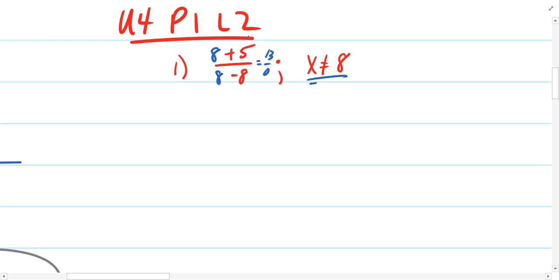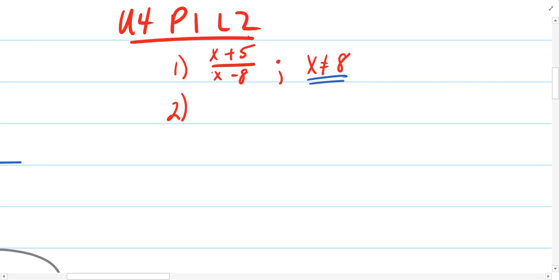So we would say that 8 is an exclusion for the domain. Any other value would be perfectly fine. If I had used a 1, I would eventually calculate a real number result. If I used the number 2, 3, 10, you name it, any other real number placed into this expression will generate a real number result except for the value 8. And so that's why I would say our restriction is the number 8.